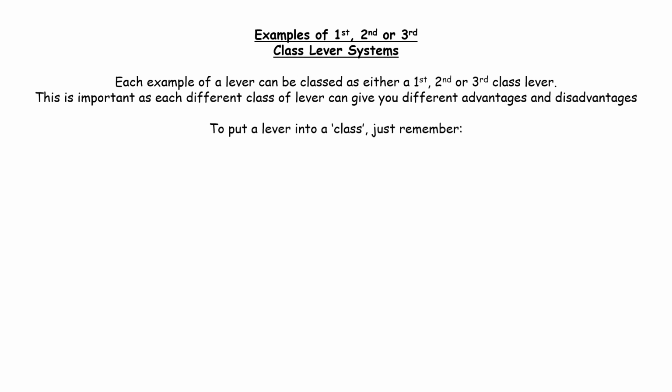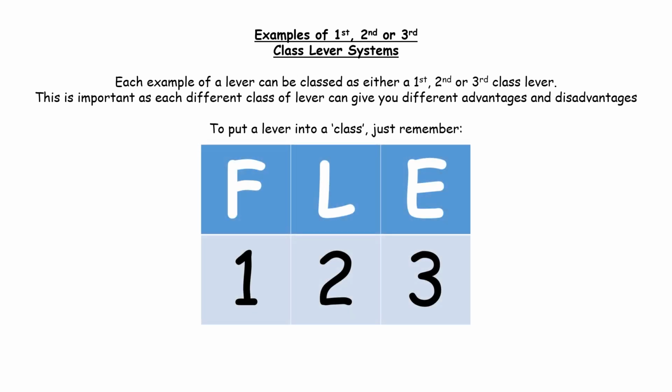The main thing I can suggest to remember this is: FLE 1, 2, 3. That's really simple. If you were drawing the diagram and the fulcrum was in the middle of the three different shapes on your lever arm, it would be a first class lever system. If the load was in the middle, it would be a second class lever system, and if the effort was in the middle, it would be a third class lever system.